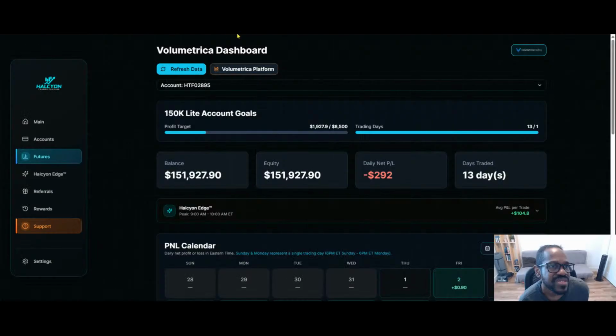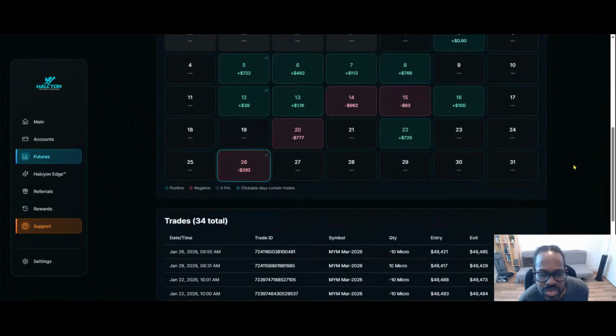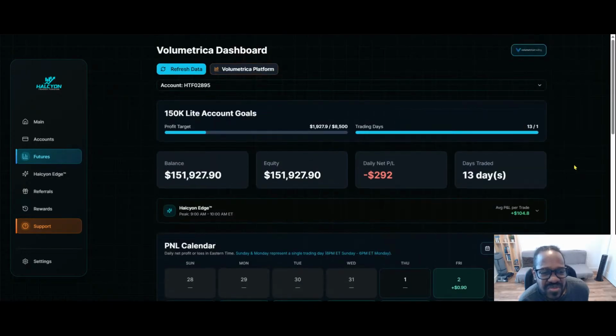So this is my dashboard here. Lost 292. It's all good. First day of the week. We're still in profit overall. And we're just going to continue pushing forward here.